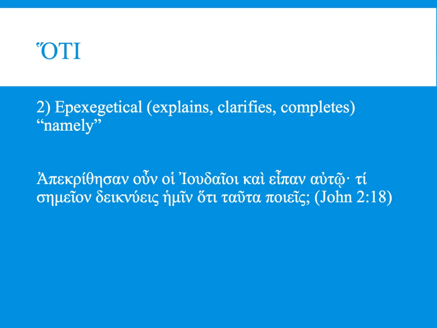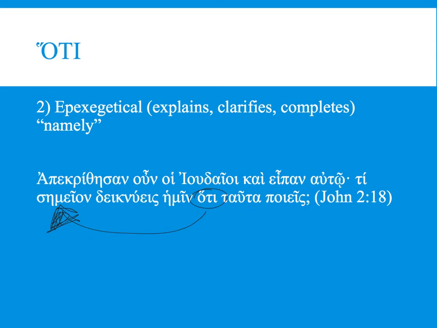So therefore the Jews answered and said to him, or the Judeans, what sign are you going to show? Are you showing to us that you will do these things? That you will do these things is modifying sign. The idea here, what sign are you going to show to us, stands on its own.